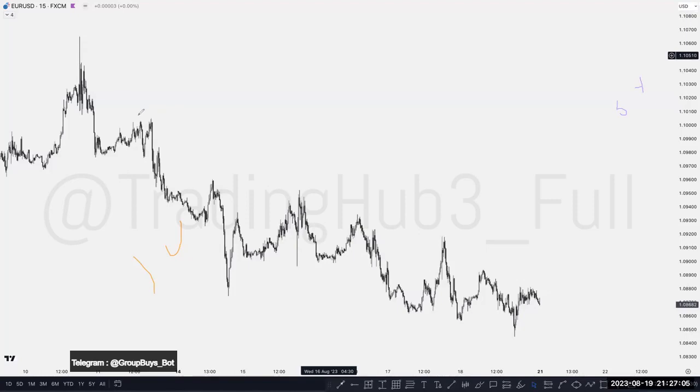Then we can backtest on each point, like this one and this one, and this one and this one also, every point, and see what happened here in the 1 minute time frame. I think this will be great.